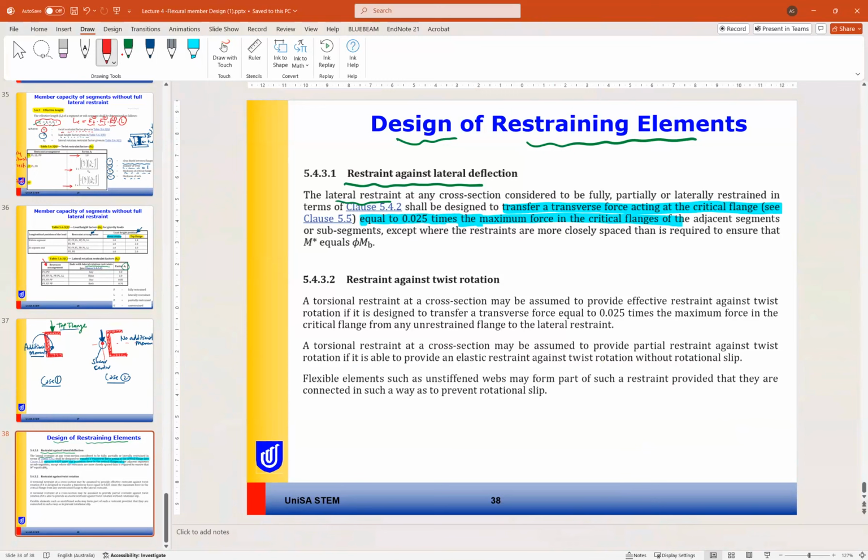So we are designing the restraint to support 0.025 times the force in the flange. Okay, so this is just a hint about how much force you need to consider if you want to design the restraint elements.